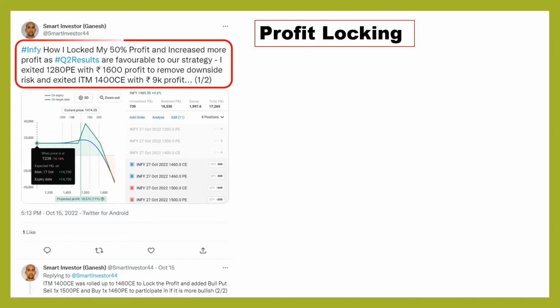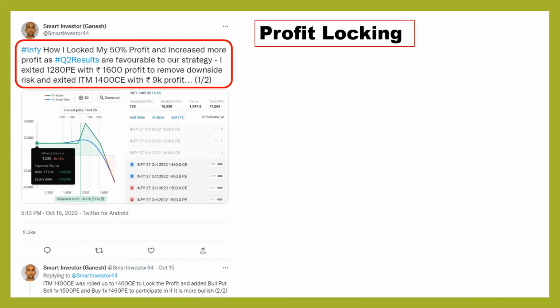What I have done, how I locked my 50% profit from this, is called a profit locking mechanism. I told you, you know, right? You see that 17,000 profit was already available on the table. What should I do? Either exit, or stay in the trade more time so that I would get max profit, which is still more.